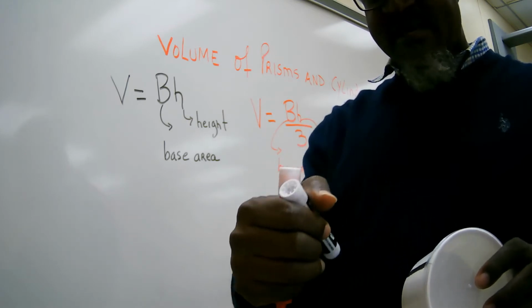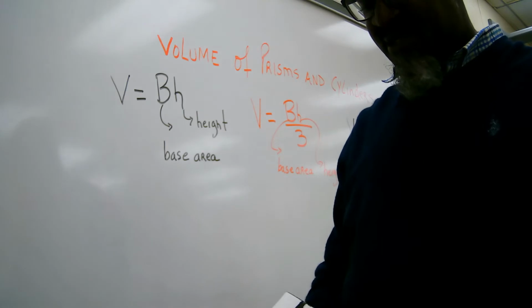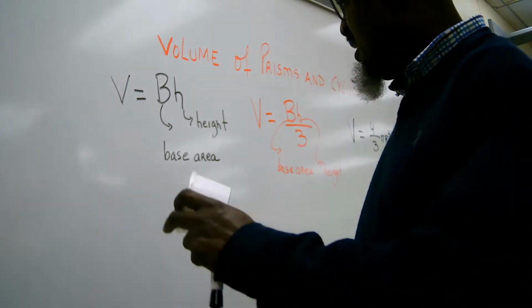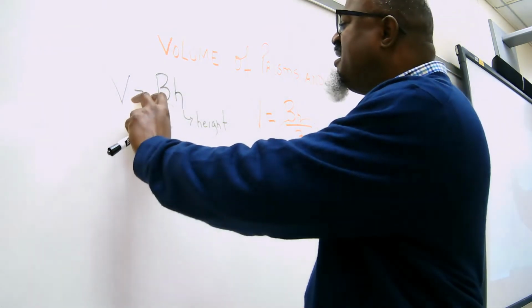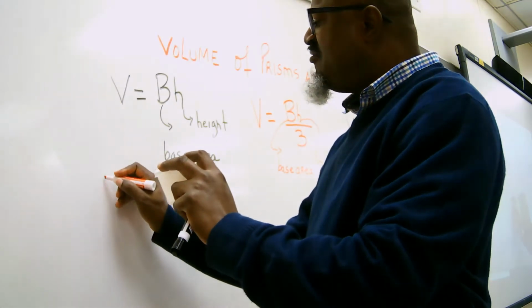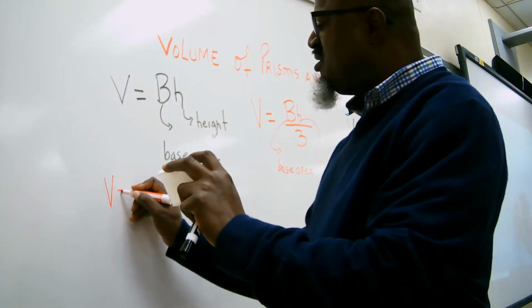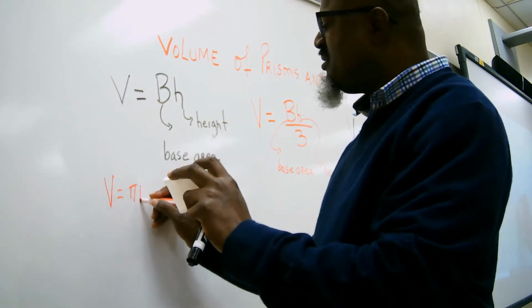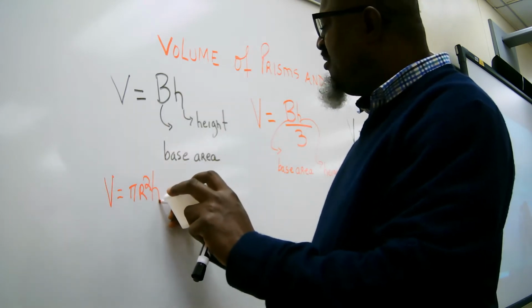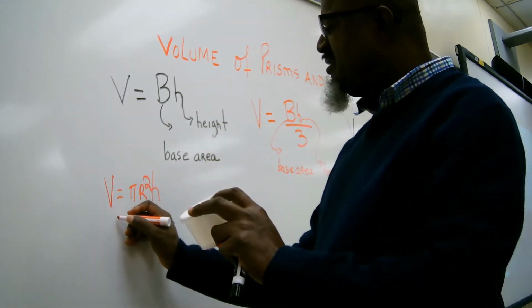So in this case, if I want to find the volume of a cylinder, I know this formula can apply. Capital B is the area of the base. To find the area of a circle is pi r squared, times height. Therefore, this works for a cylinder.